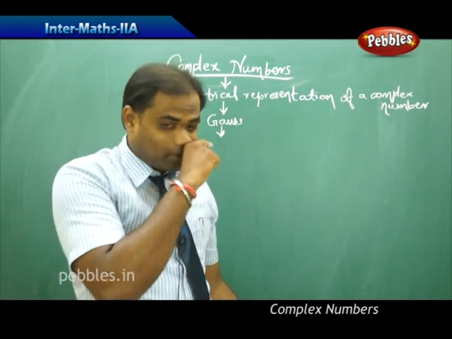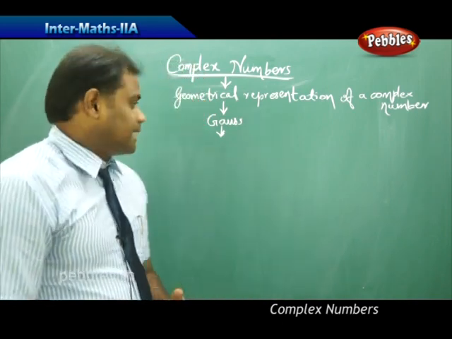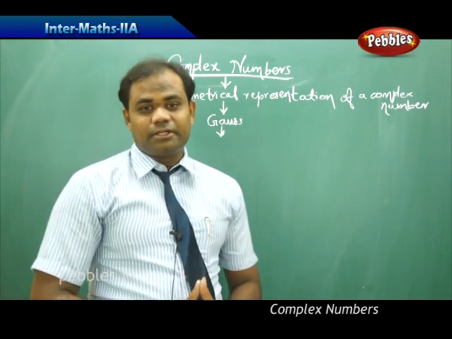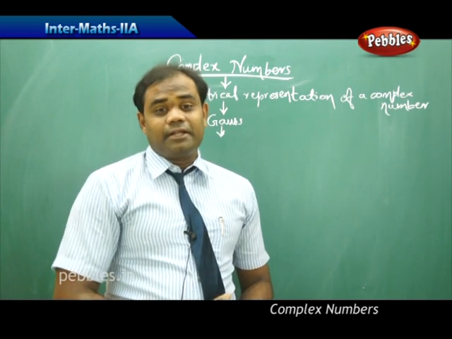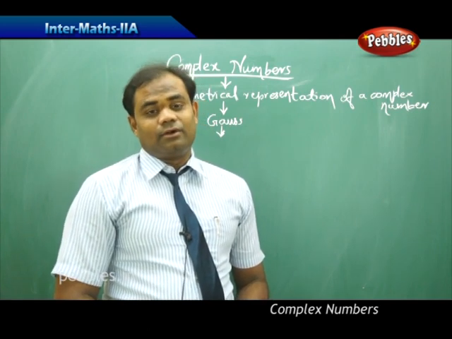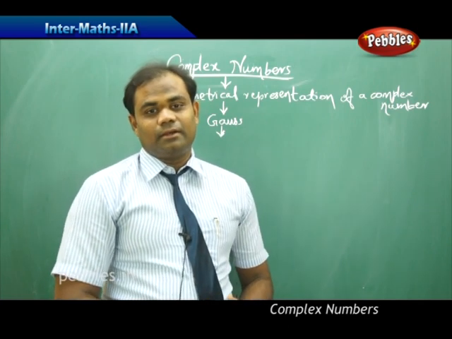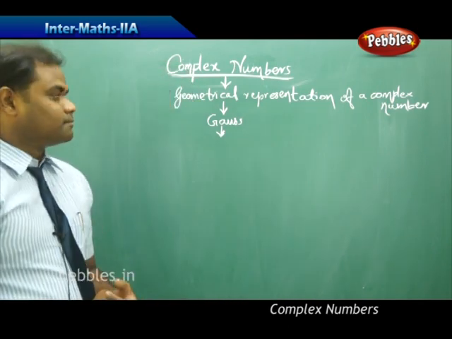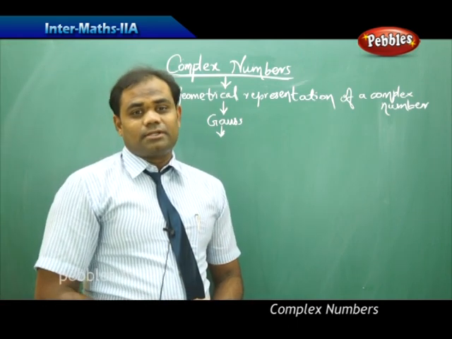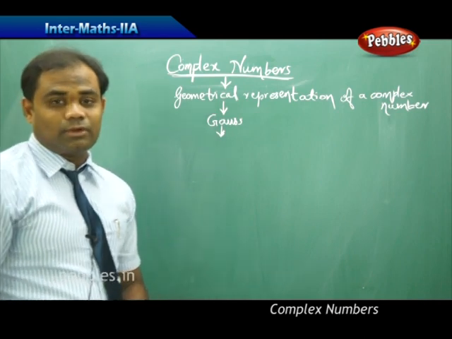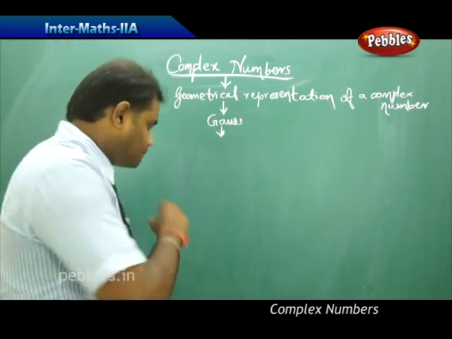As we represent points on a real xy coordinate system, similarly Gauss attempted, he was the first mathematician to have attempted writing the complex numbers in a plane, or just putting the points represented by complex numbers on a plane. So according to his method, we will see how the points can be represented on a plane and how the process of geometrical representation can be done for a complex number.